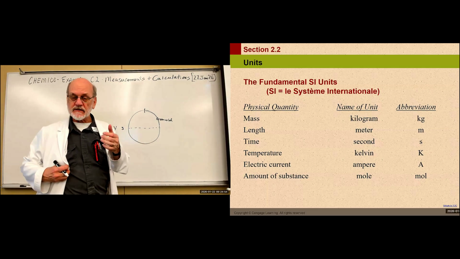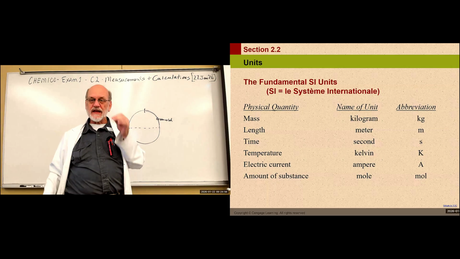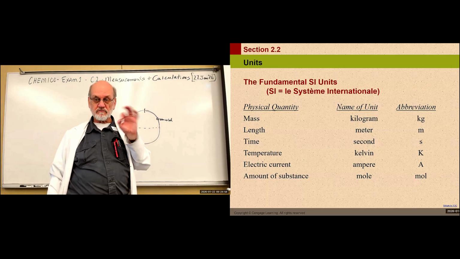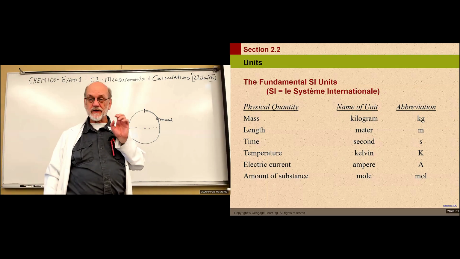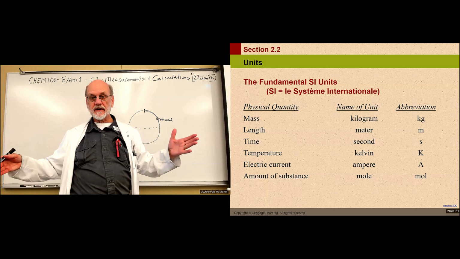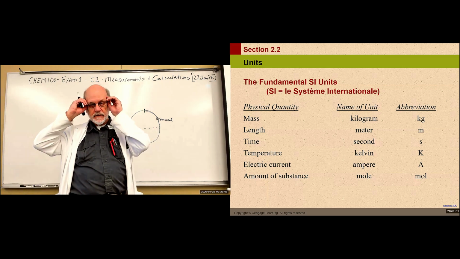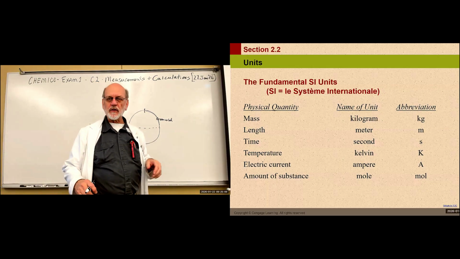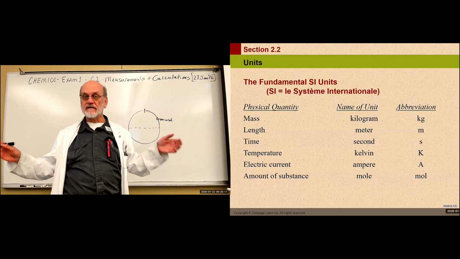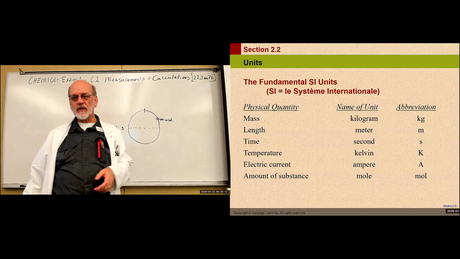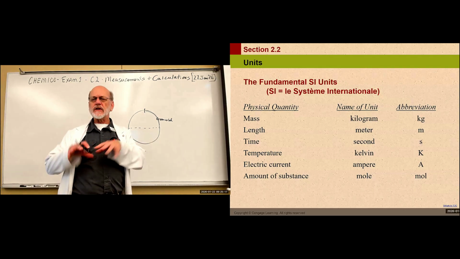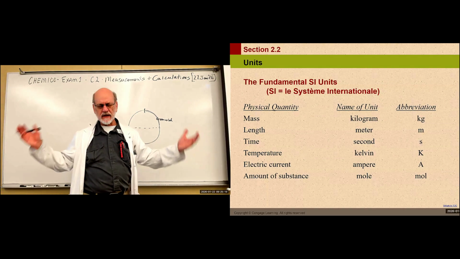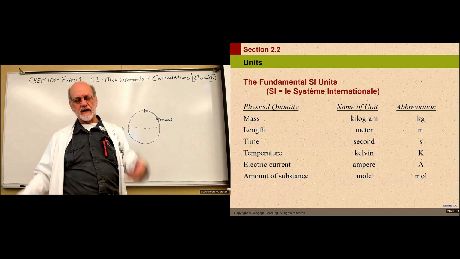Now we have devices that use laser light of a certain frequency, and the device will generate a meter distance very accurately using laser light. The only problem is the equipment is very expensive. So only a few labs in the world can afford to have that, but it does free you from having to send your meter back to France and have it standardized.